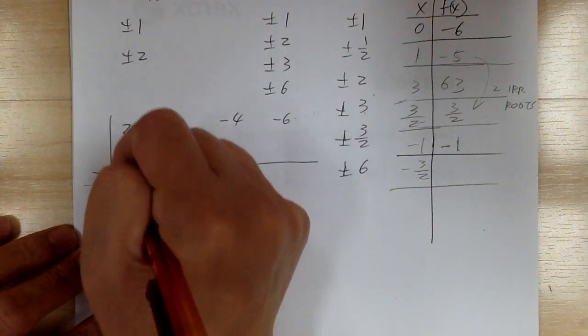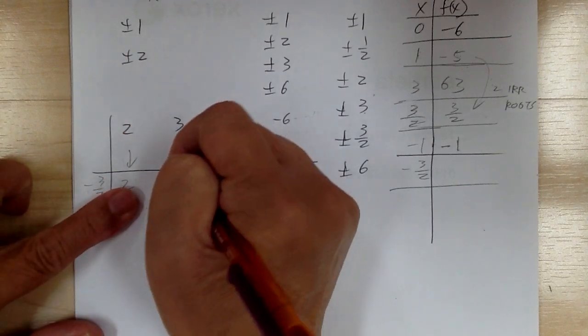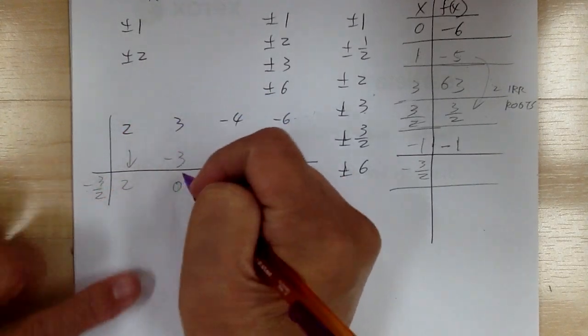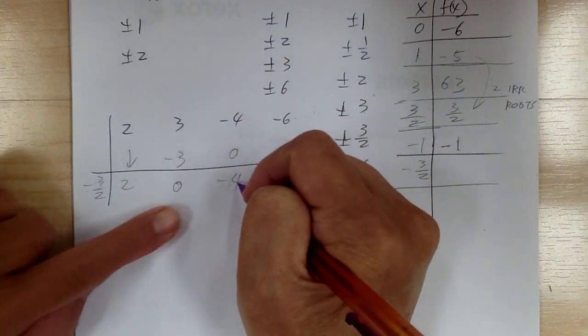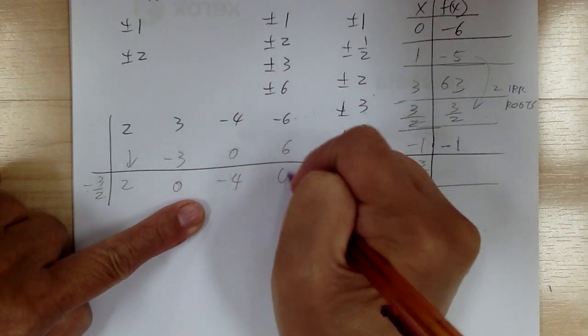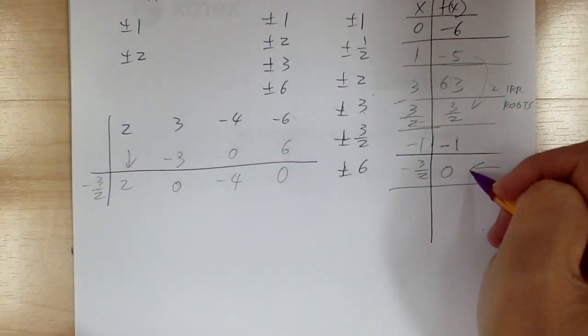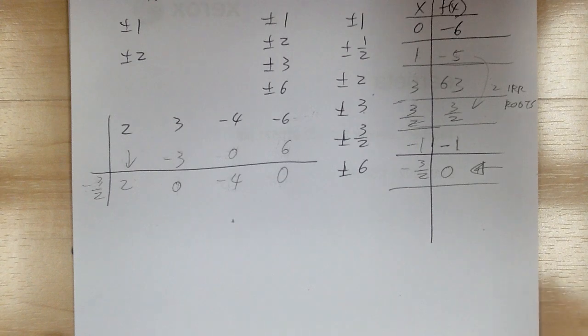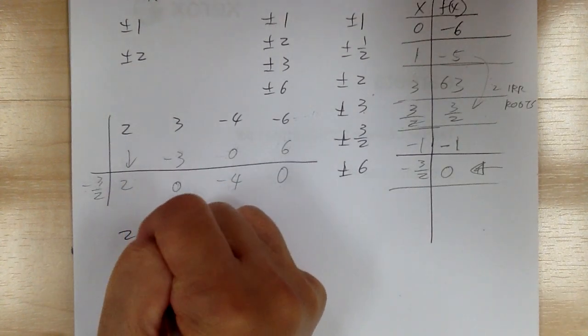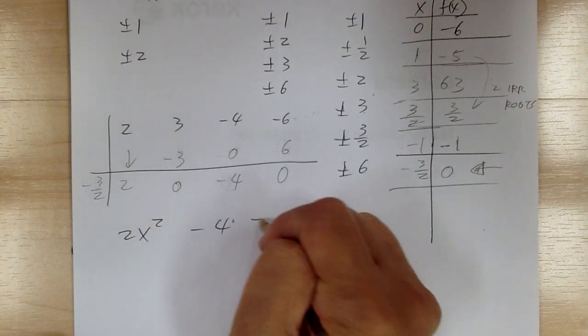So you drop, multiply, you add, multiply, you add, multiply, you add. Oh, it works. So there we go. Once we do that, from here you're going to get 2x squared minus 4 equal to 0.